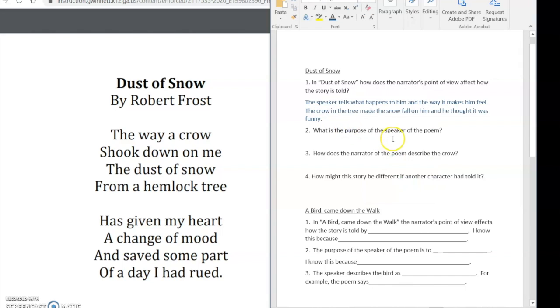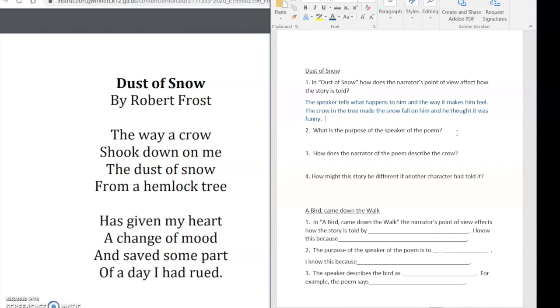Okay? What is the purpose of the speaker of the poem? What's the purpose of this poem? So if I think back on it, it really is just relating an experience, and how he's walking along and this happens and then it changed his mood.